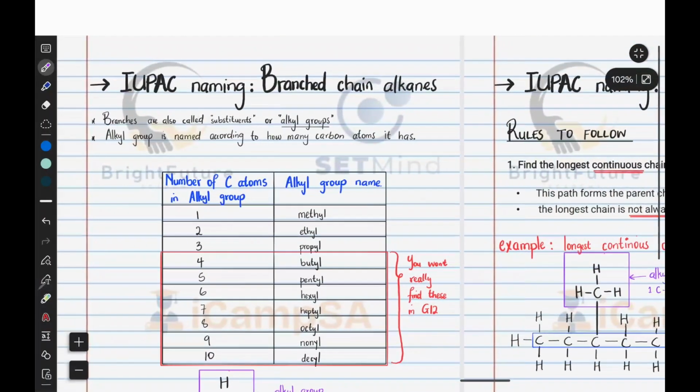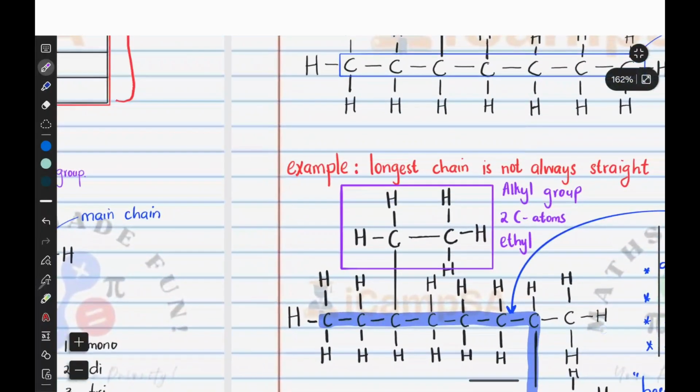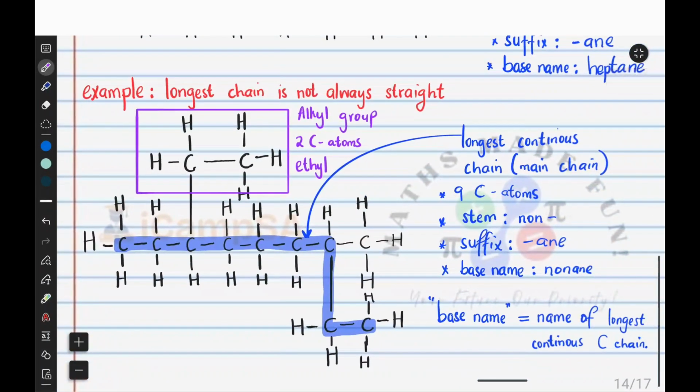Why is it an alkyl group? Because it's a branch. It's outside the longest continuous carbon chain. Anything outside the longest continuous carbon chain is what we call an alkyl group in the case of hydrocarbons, or alkanes in this example. And then our second one would be this one. It's outside the longest chain, so it has to be an alkyl group.